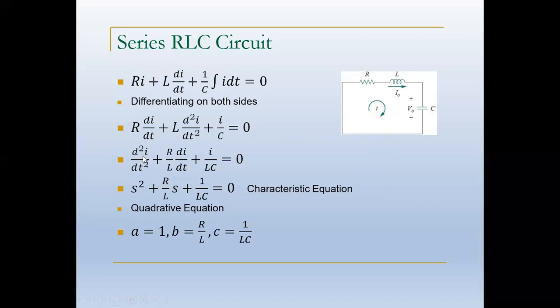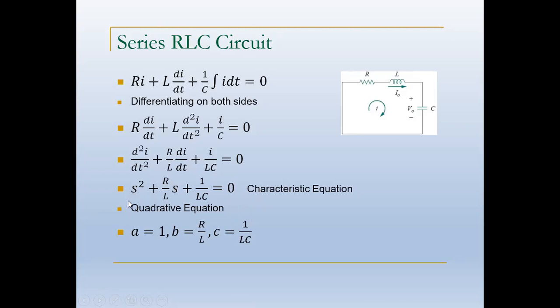It was a second order linear differential equation with constant coefficients: d square I by dt square plus R by L into dI by dt plus I by LC. We divided both sides by L and replaced d by dt with s, and the equation we have is s square plus R by L into s plus 1 by LC equal to 0.